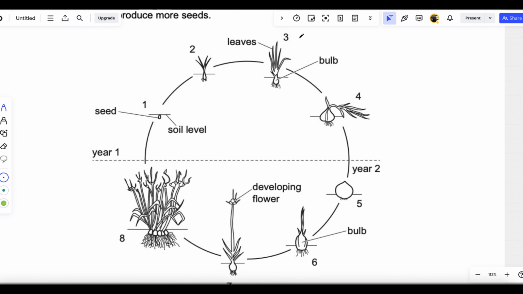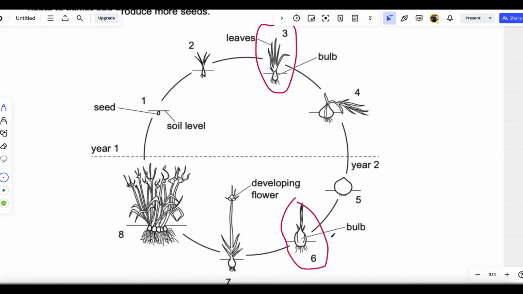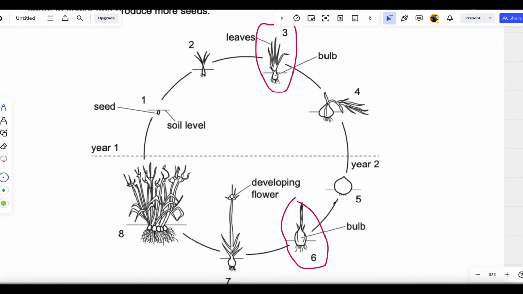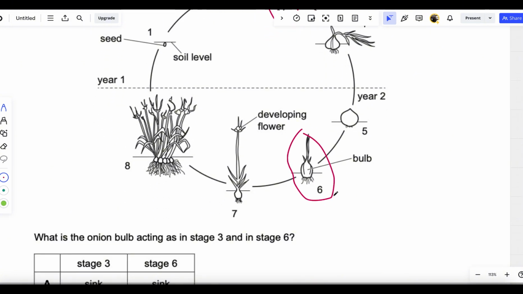Stage 3, this one. What is it acting as here? And here, what is it acting as? Now let's see. We visualize the picture, okay? Visualize the picture, and then we'll be able to see what it is acting as.